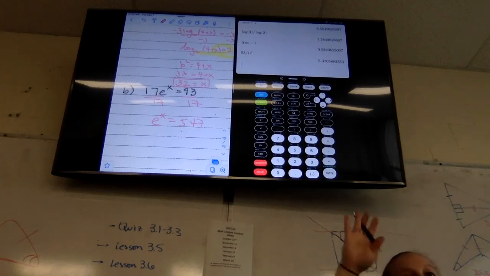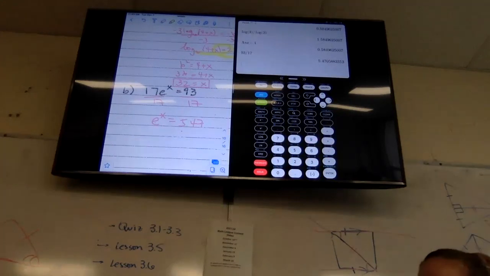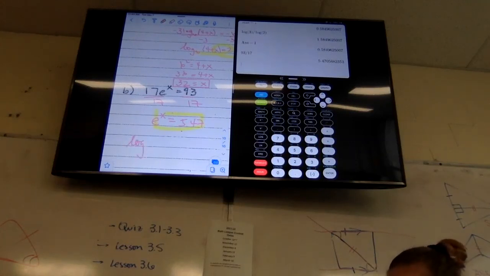Okay, I've got a number raised to a power equals another number, so I'm ready to log roll to put it in log form. So I'm going to make my little L so I know I'm going into log form. I'm going to do log base e, that was the first thing I saw, of 5.47 equals x.